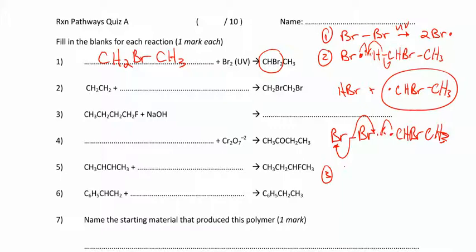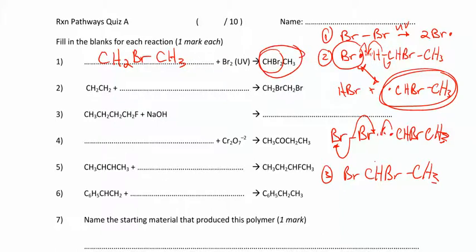In other words, this radical here could join up with a bromine radical, or two bromine radicals, or two of my halogenoalkane radicals. The one that I care about the most is when these two combine and I get my product again. So that's going to give me Br and then CHBrCH3, which is essentially just the same as saying CHBr2CH3, the same as this right here, right? Because I have two bromines on that carbon there. I'm not writing out all the termination steps, but they're there. That's basically how that one works.